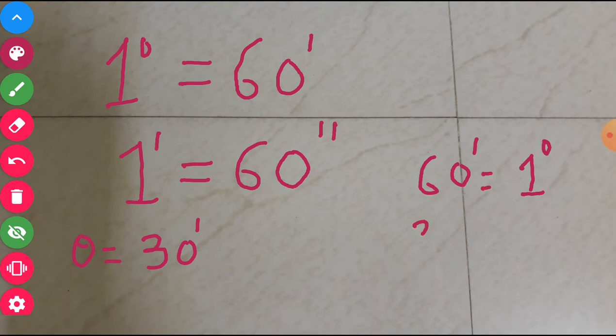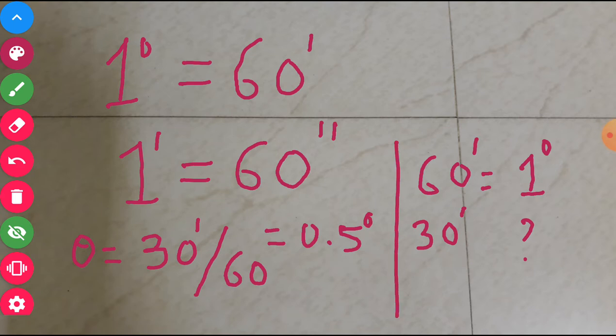So 30 minute will make how much angle? Whatever angle is given to you in minute, if you want to convert it into degree, you have to divide it by 60. So divide by 60 and you will get 0.5 degree.